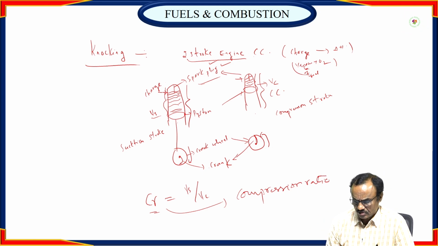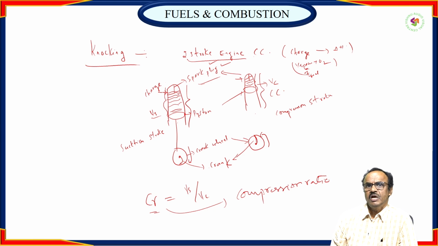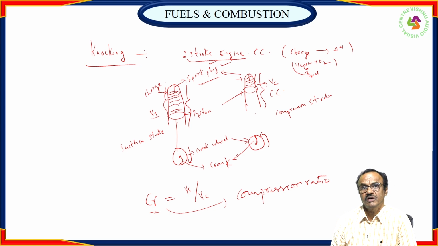The efficiency of a two-stroke engine and the heat liberated also depend on the purity of the charge. If the petrol is contaminated with kerosene oil, problems arise, since ignition occurs in the compressed state.